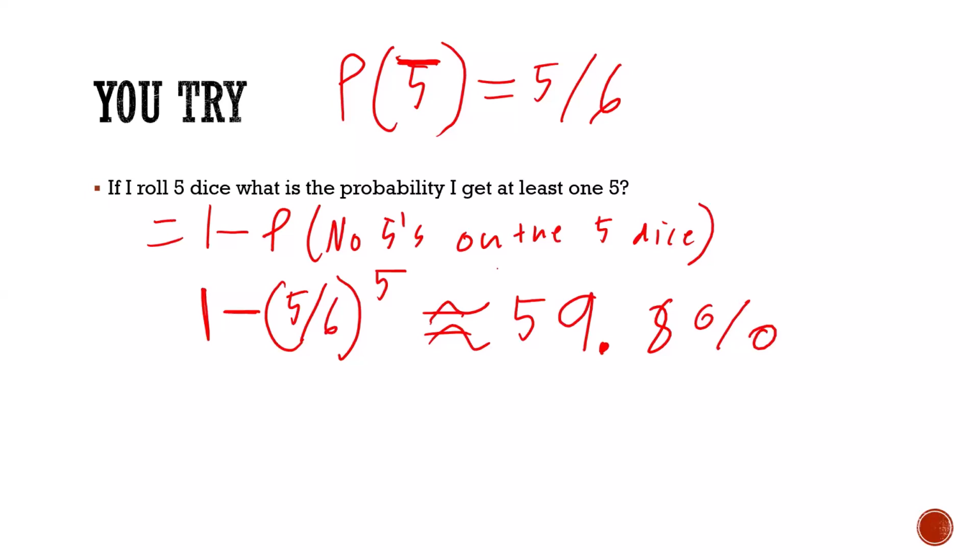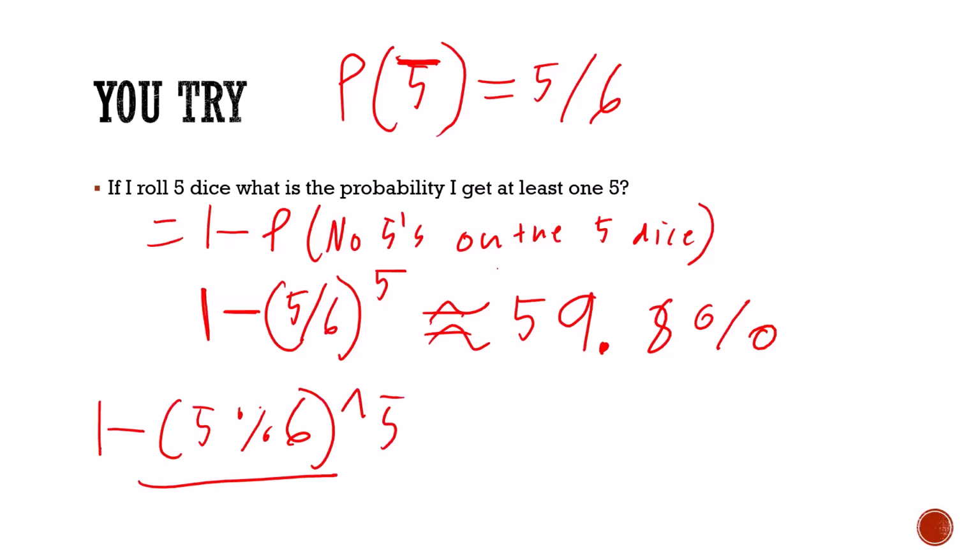Be careful how you write that in though. You'd want to write 1 minus parentheses 5 divided by 6 caret 5. You need to put parentheses around this because otherwise it will do PEMDAS, which means it will take the 6 to the 5th before doing the rest of the calculation. You want to take the entire fraction to the 5th power.